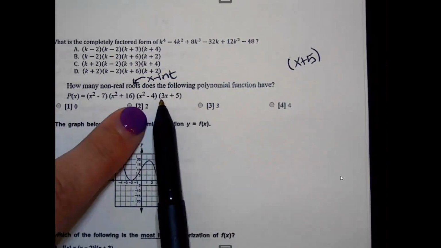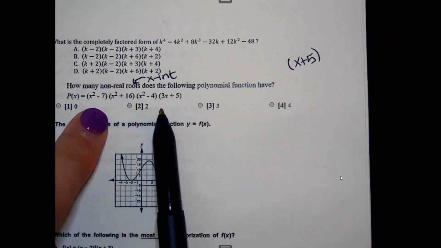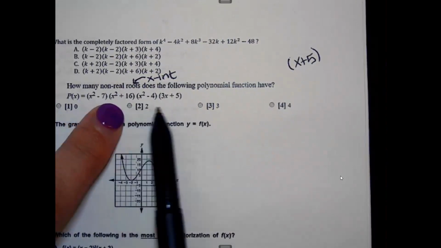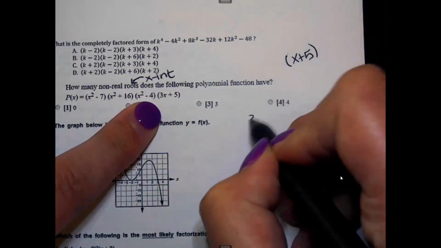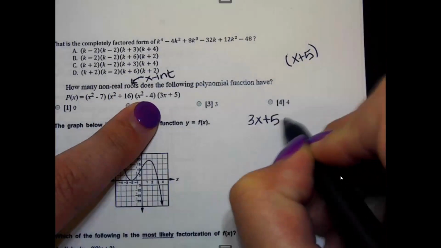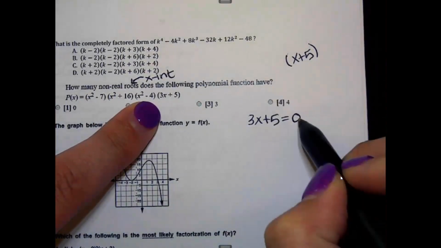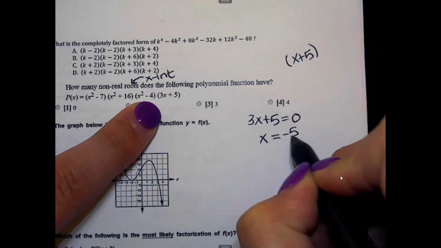So you can take each of your factors and you can find the one where if you try to solve it, it solves to give you an i. It solves to give you something that's not real. So if we look at this one, we have 3x plus 5 equals 0. If we were to solve it, we would subtract the 5 over, and then divide by 3, and we would get x equals -5/3.